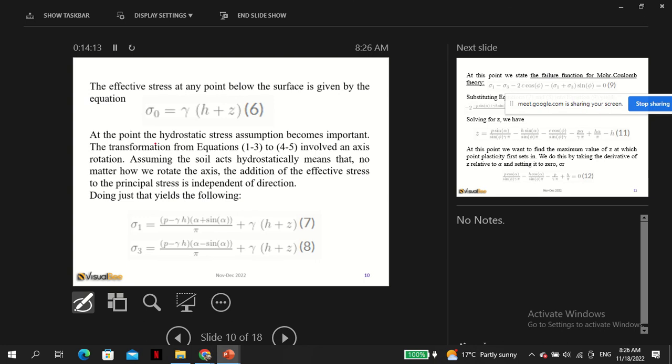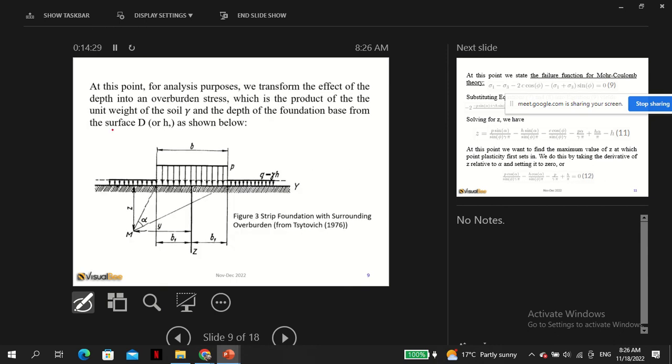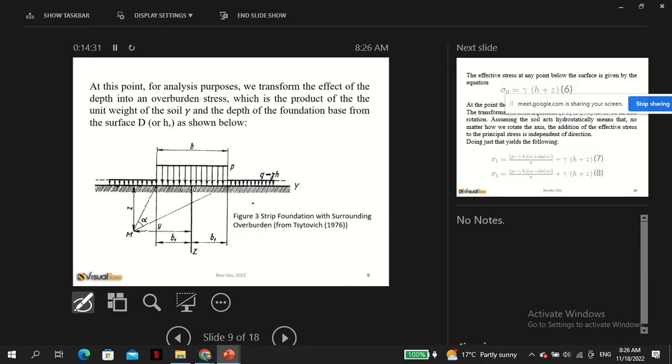And then because of the additional overburden stress, which is gamma times z plus h, but this is additional, so we are considering something hypothetical below the foundation.